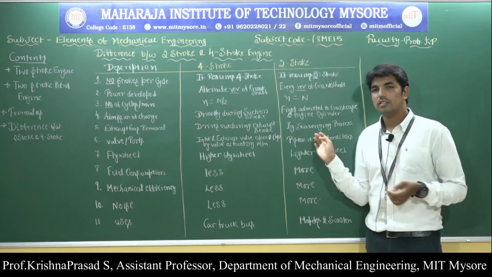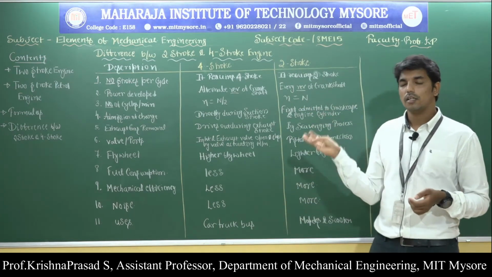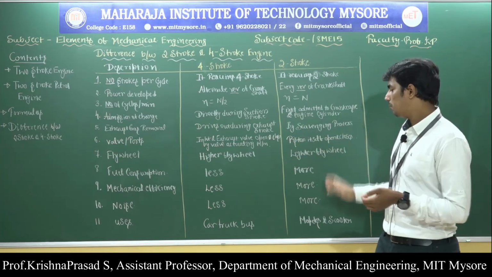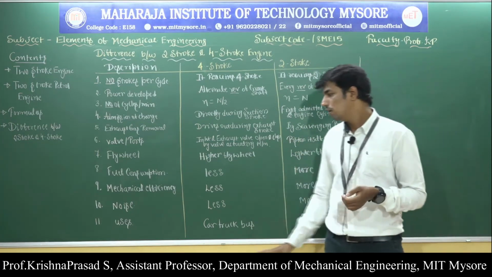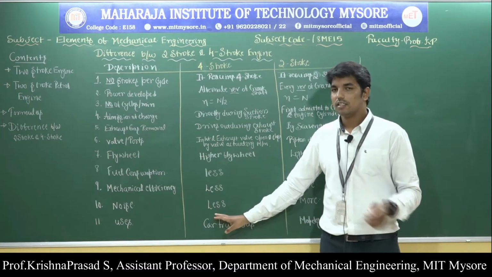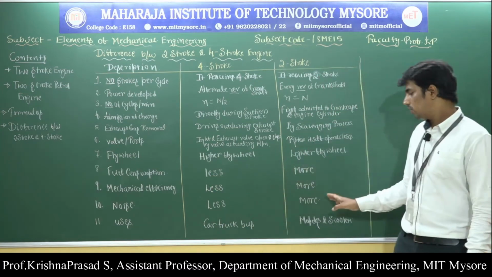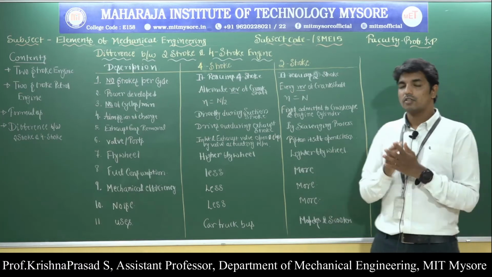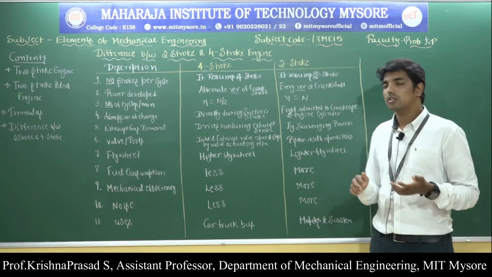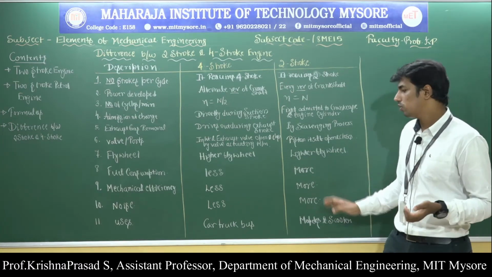But here the piston itself opens and closes the inlet, transfer and exhaust ports, therefore mechanical efficiency is comparatively more. Then noise is less in the 4-stroke engine, because in the 2-stroke engine the exhaust port suddenly opens and closes, which makes the noise.